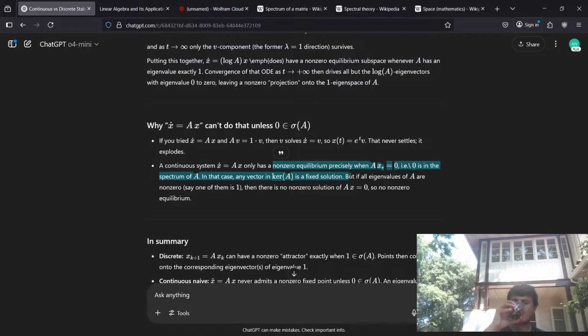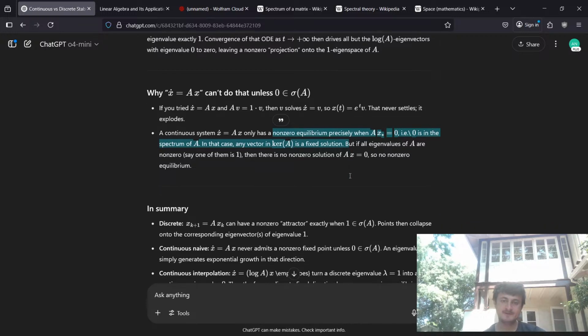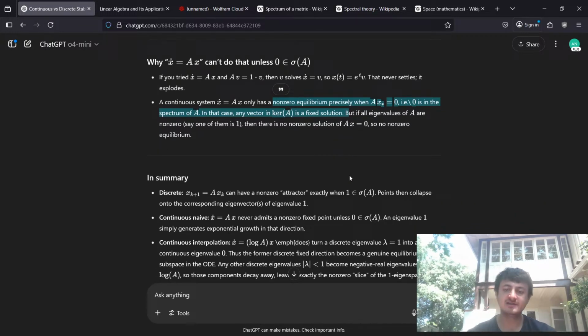Okay. Yeah, actually, the whole difference here is really pretty cool. I feel like they should talk more about this.